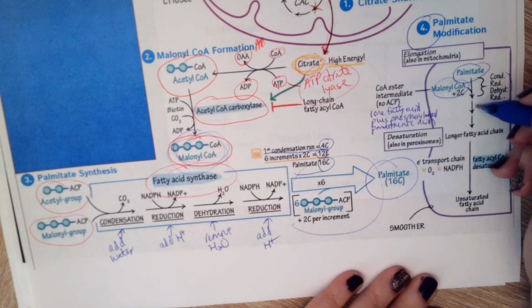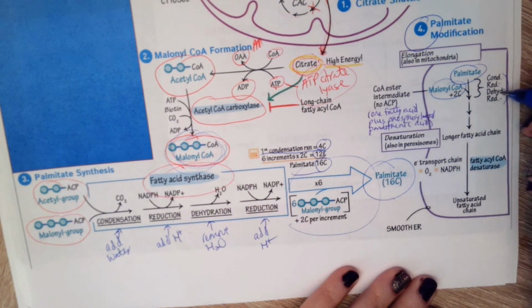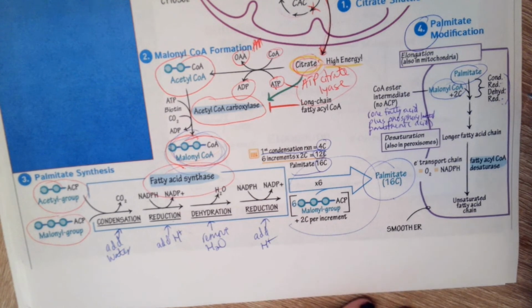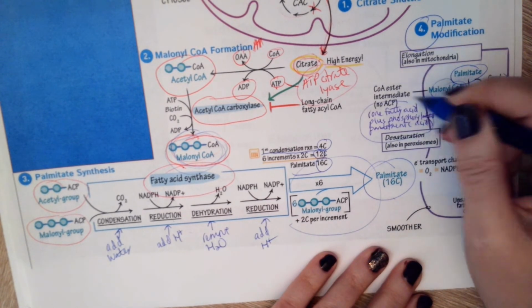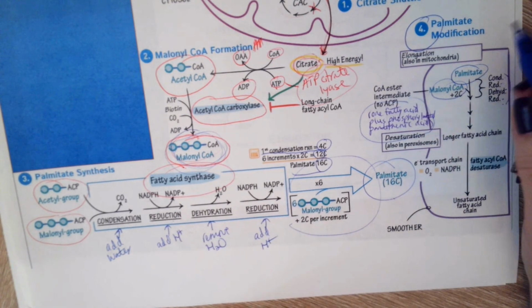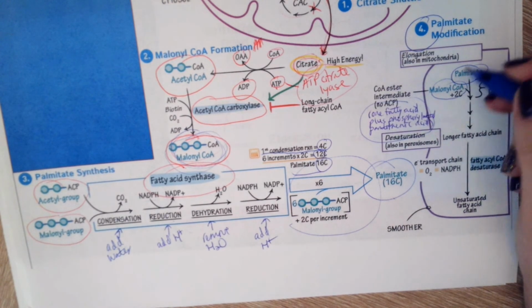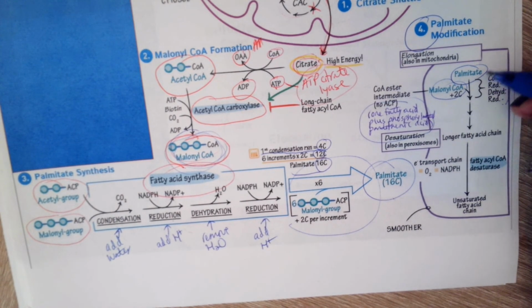That's going to add 2 carbons to our palmitate as we go through these 4 reactions. There is this intermediary product that is, I don't want to say important, it's used, I should say, in this part of the reaction, the initial elongation part of the reaction.